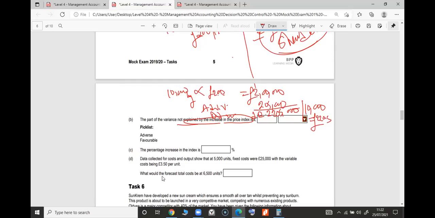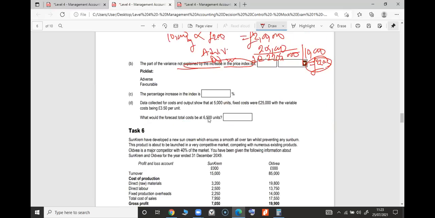It did already cost me this much, isn't it? 220.50. But after taking into account that index price, make it higher. Yep. How much should it actually cost? 212 after taking into account the indexation.